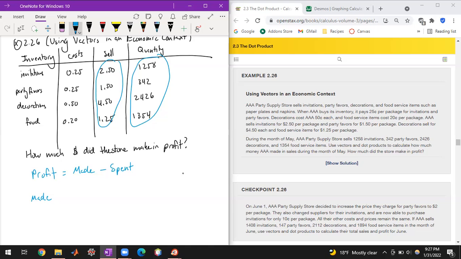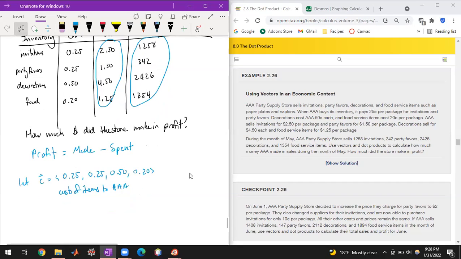Let's write these as vectors. I'm going to let C be our cost vector, 0.25, 0.25, 0.50, 0.20. This represents the money AAA spent, the costs of items to the party company.